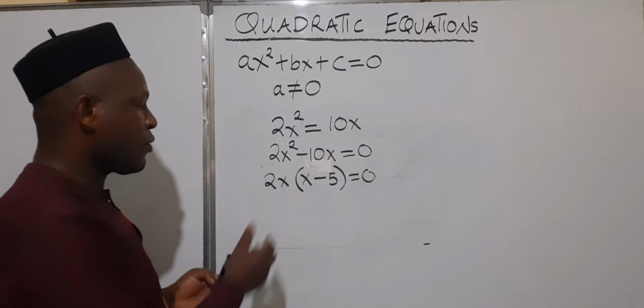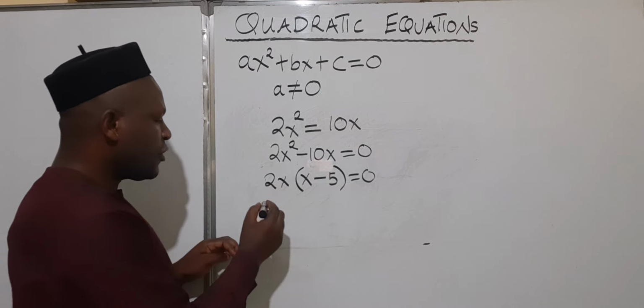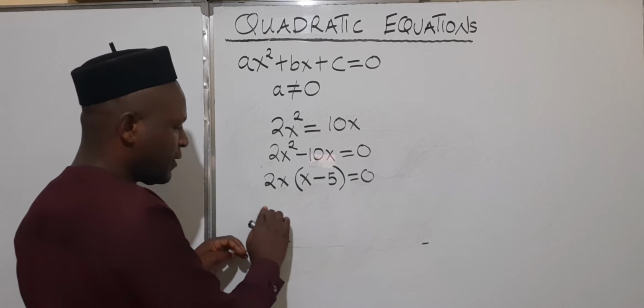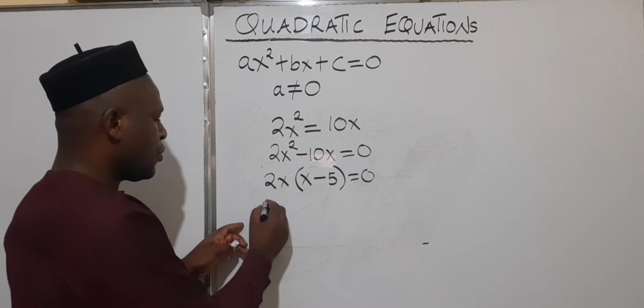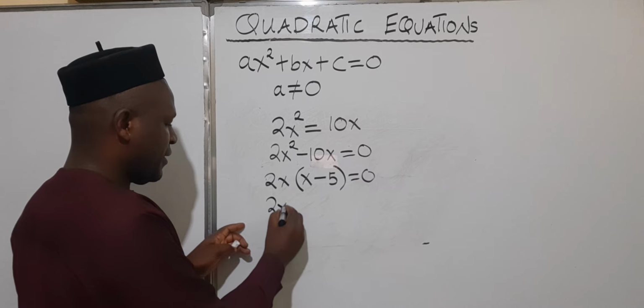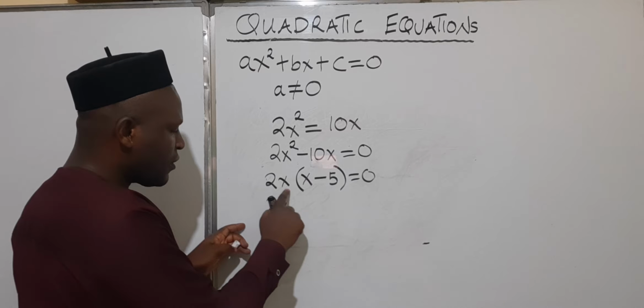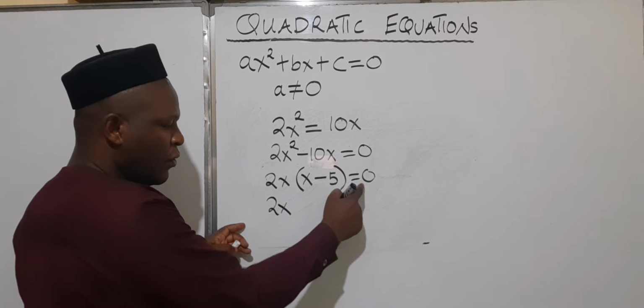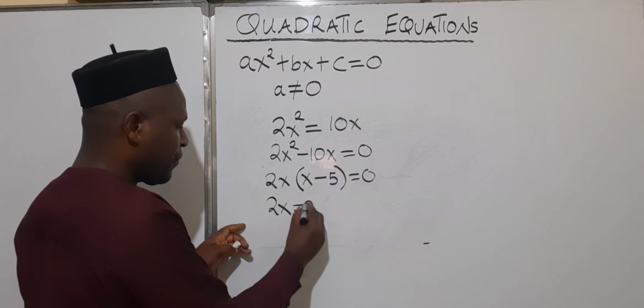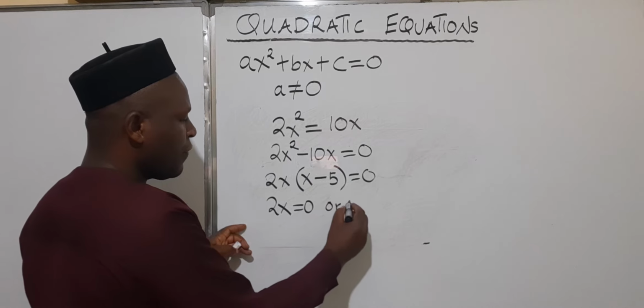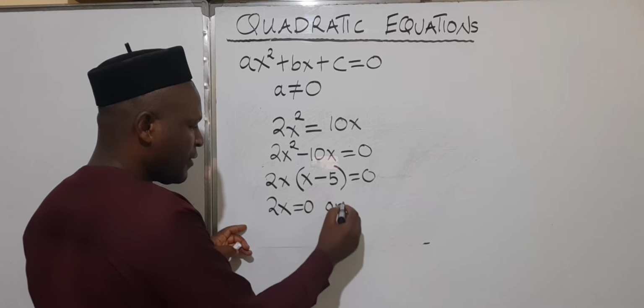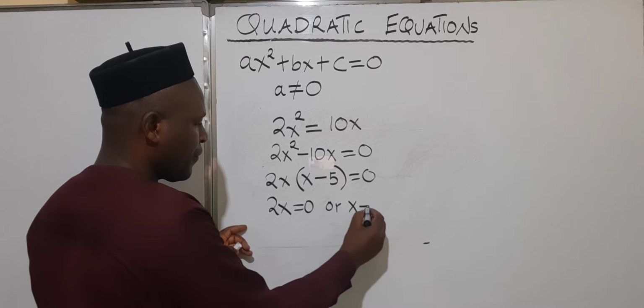So in this case, it's correct. At this point, you split these two factors. So this 2x will equal 0, or what is in the brackets here also equals 0.